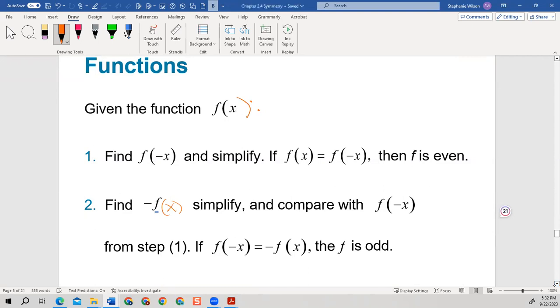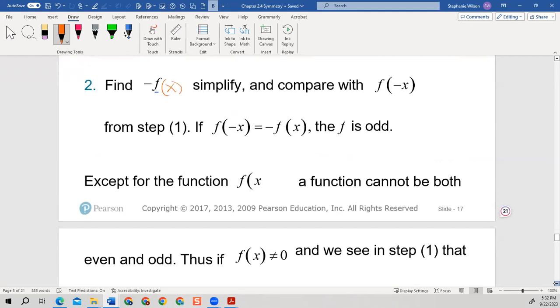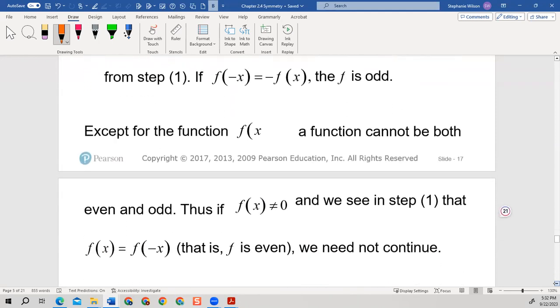write it in a format that's easier to understand for you. I totally understand. Sometimes it can get just a little bit confusing, but once you get it, it's going to be good. So, except for the function f of x equal to 0, a function cannot be both even and odd, because 0 is not negative, it's not positive, right?